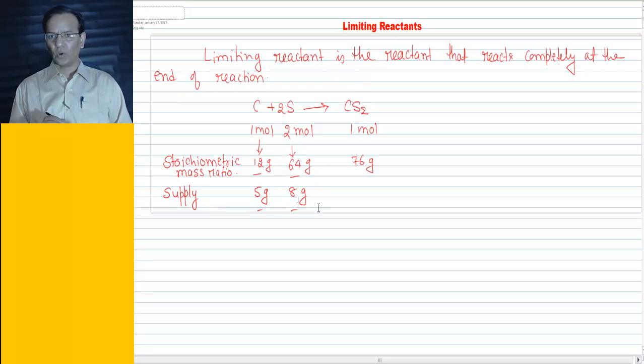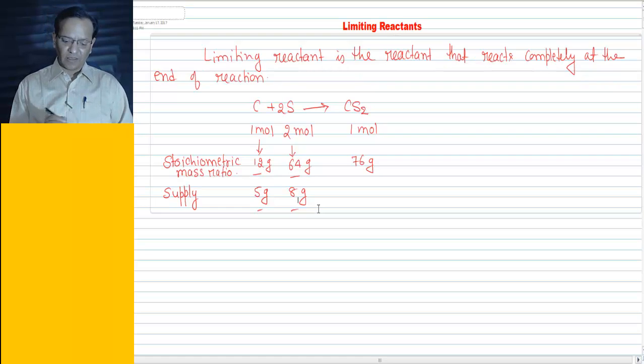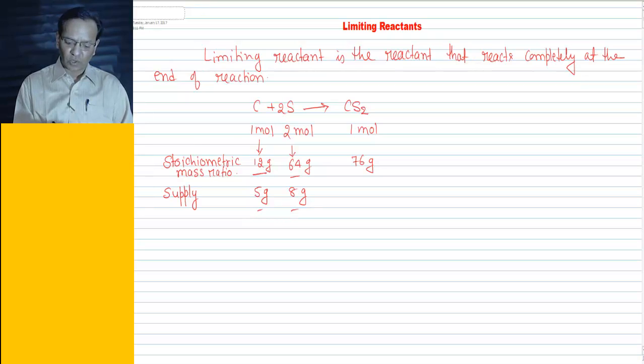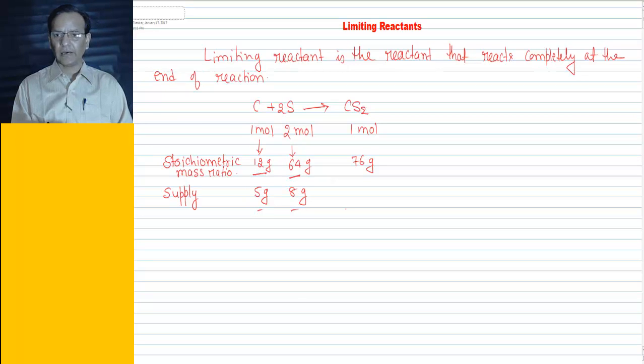We want to know which reactant will be exhausted completely. That is, which reactant is the limiting reactant, which reactant is in excess, and what will be the mass of product. The best way to find out the limiting reactant is, first you write the stoichiometric mass as I have written, and then you write the supplied mass as I have written.